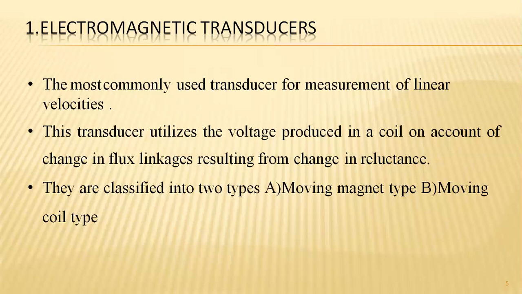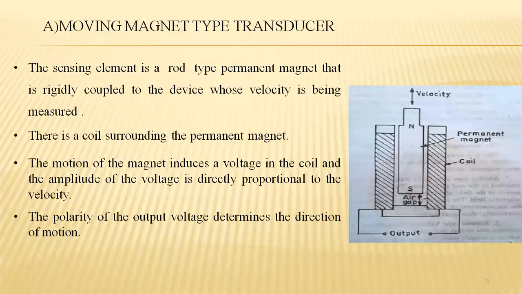Secondly, the moving coil type of electromagnetic transducer. See, in the moving coil type, the element, which is a rod type or a permanent magnet, is rigidly coupled to the device for measuring the velocity.